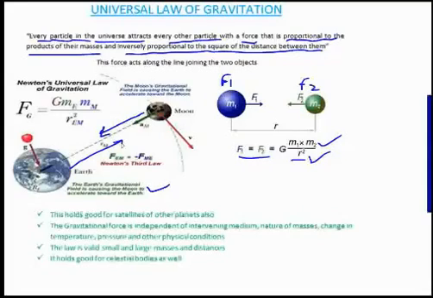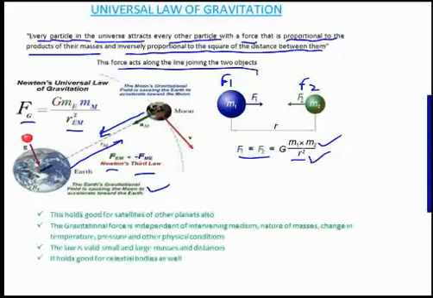So we can say that because of Newton's third law of motion, if the force from earth to moon is the action, then the reaction is the force that pulls the earth to the moon. So we can say that F of g is equal to G me into mm, the mass of the earth and the mass of the moon, divided by the square of the distance between them. Now this force acts along the line joining the two objects.